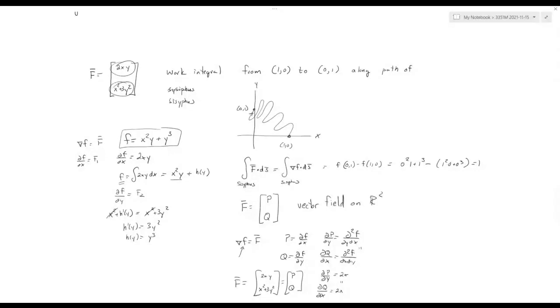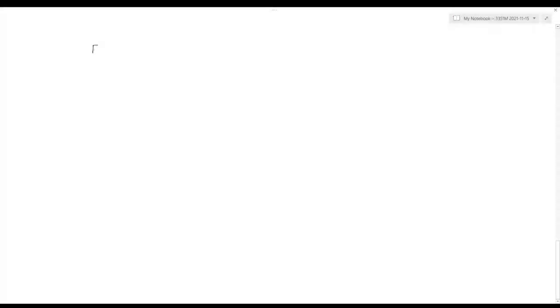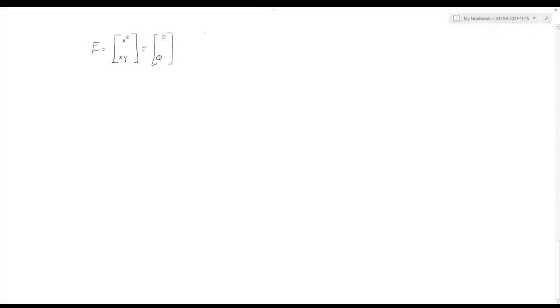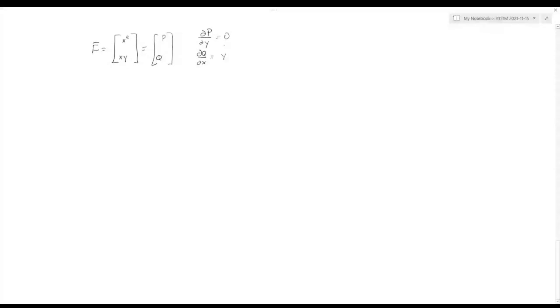So here's another example. Here's a vector field on R2, and it turns out not to be conservative. I know that because I did the test, right? The derivative of P with respect to y is 0, while the derivative of Q with respect to x is y. Those are not equal.